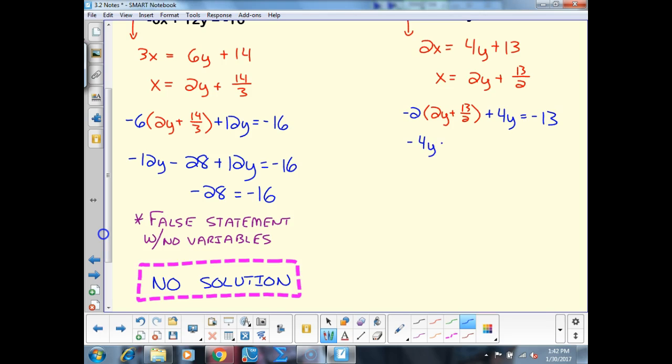So then negative 4y, oops, I put equals, that shouldn't be equals. Negative 4y minus 13 plus 4y equals negative 13. So negative 13 equals negative 13.